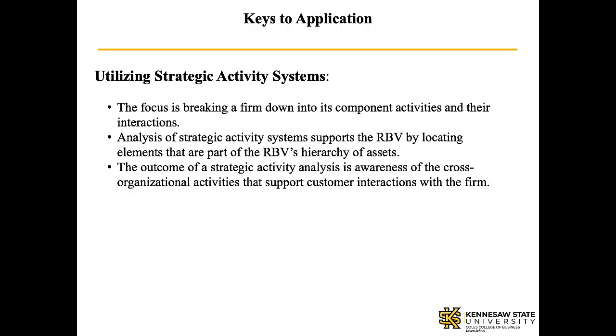Strategic activity systems build on the key ideas of discrete activities, linkages, and drivers, and are built with the intention of delivering a firm's competitively valuable resources to the market through strategic capabilities and core competencies. What's important is that a firm's activity systems efficiently and effectively transform basic inputs into great products and services for its customers. And this concludes the presentation.